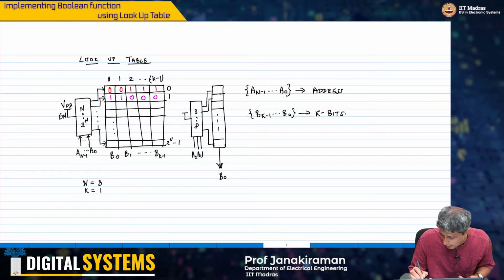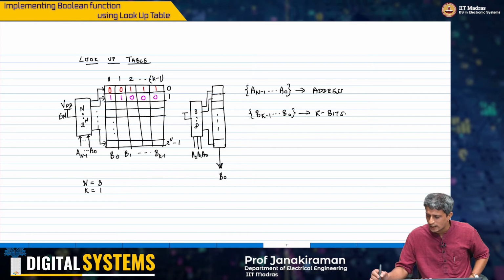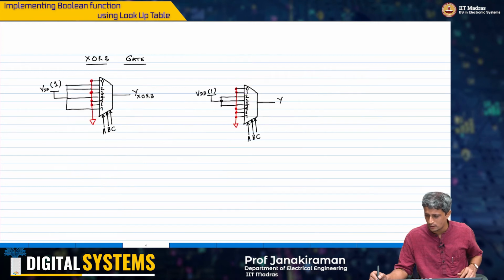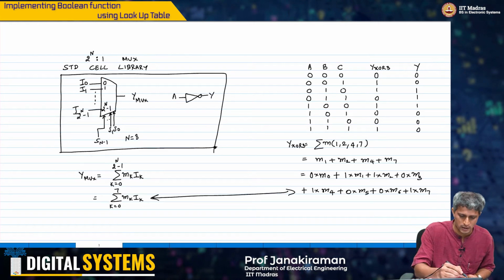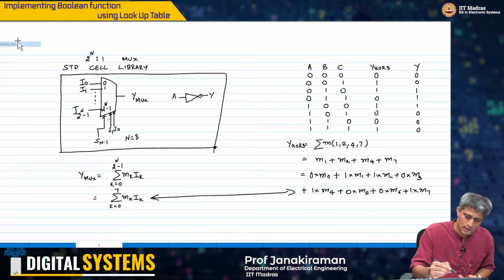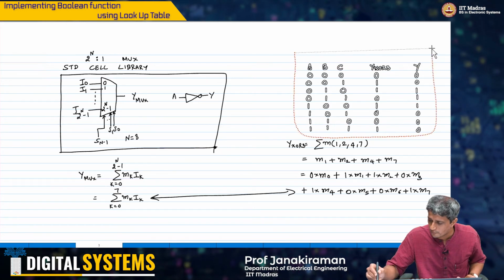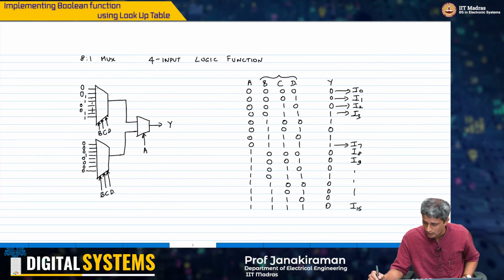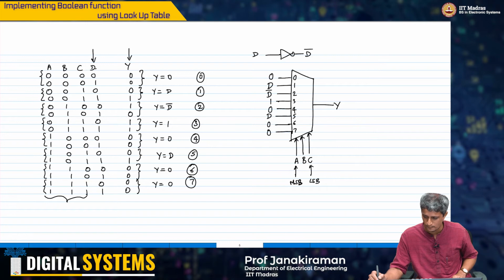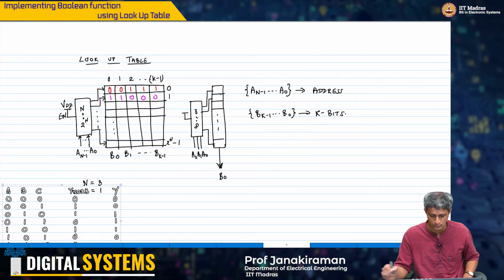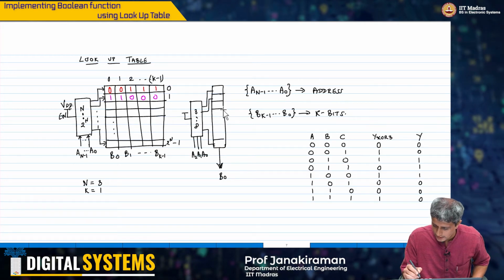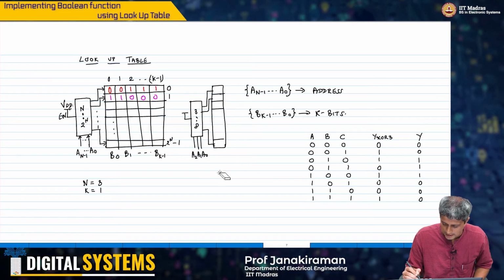Now let's go back and look at the XOR 3 function that we wanted. Let's look at this function that we had spoken about earlier, and we'll see how to implement this in our lookup table. I have rows 0, 1, 2, 3, 4, 5, 6, 7.